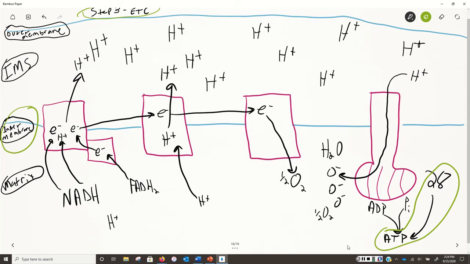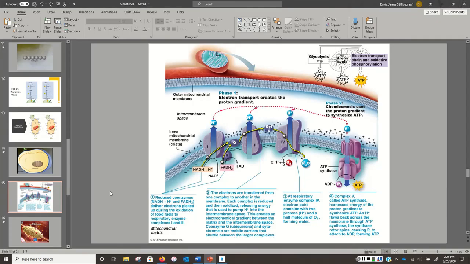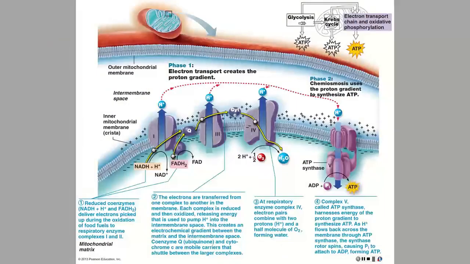All right, now let's go back to our PowerPoint here. This is a variation of figure 26.8 in your textbook. This is from a different source, but it's still showing the same thing. Here are all of our NADHs and our FADH2s.